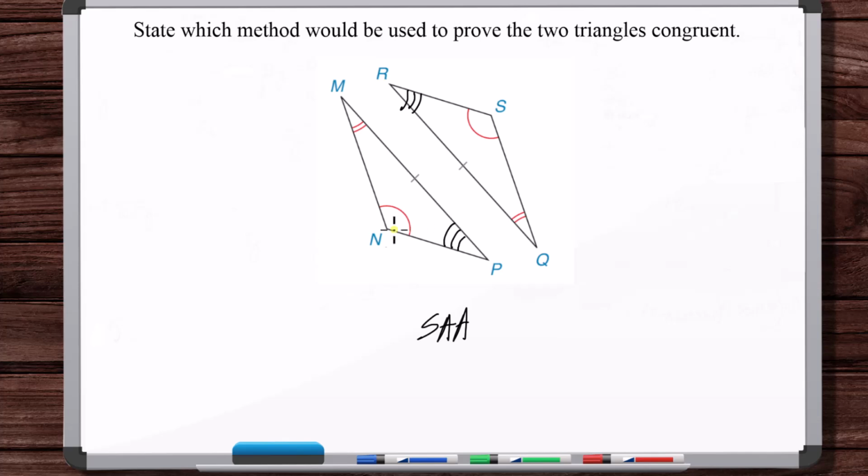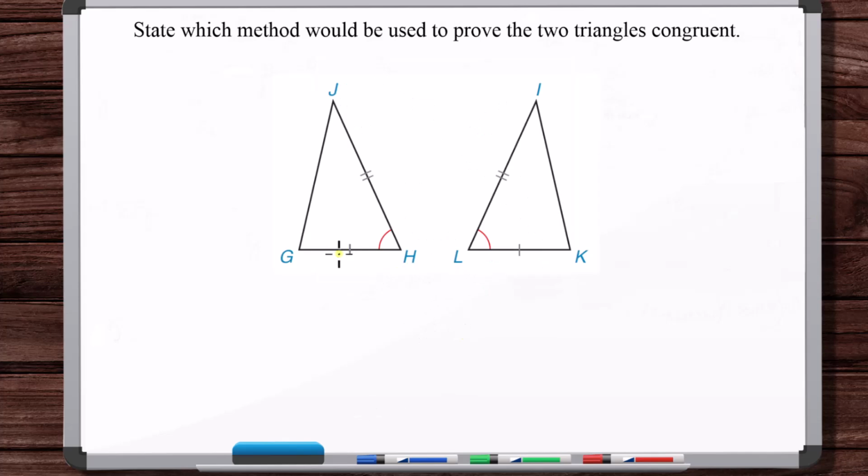And so with that, we have angle, side, angle we can use, right? We can take that third congruent angle that we didn't have initially and say angle, side, angle. That's why it's thought of as an offshoot of angle, side, angle. Okay, this is side, angle, side.